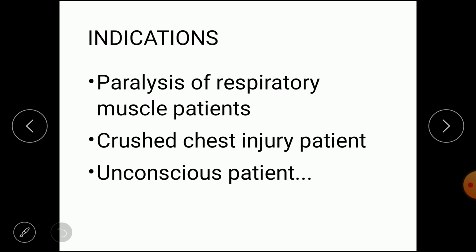So it is an indication that a paralysis of respiratory muscle patient needs mechanical ventilation, and in that CMV mode is useful. Second is crushed chest injury patient. In crushed chest injury there is damage to the lungs and heart also, so the lungs cannot function properly. In those patients the CMV mode is also useful.